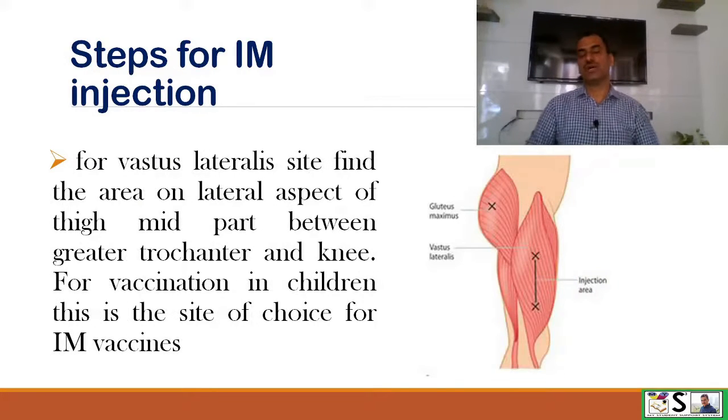If you want to give injection at the vastus lateralis site, it is especially the site of choice in vaccination in children giving IM injections. This is the area on the lateral aspect of the mid thigh, between the greater trochanter and knee.